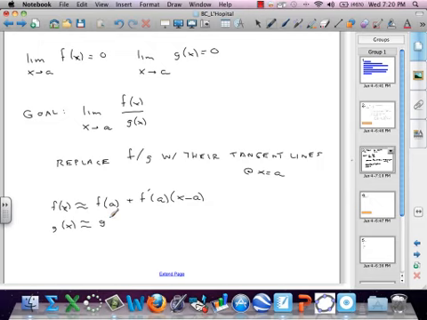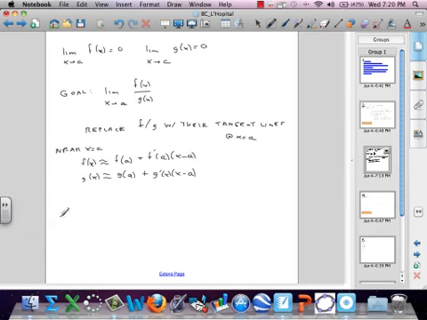So that would be g of a plus g prime of a times x minus a. So we have two lines now that we can substitute in for f and g near x equals a, because that's really what we're asked to do when we're finding a limit, is what does this function behave like near a, not necessarily at a.